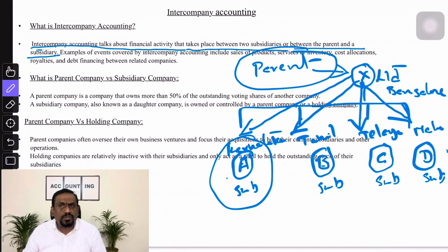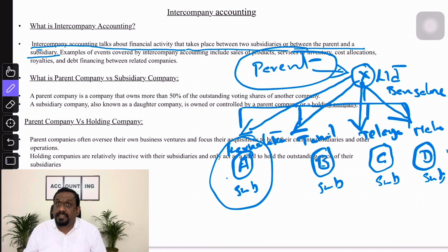X can sell goods to A, X can sell goods to B, X can sell goods to C, X can sell goods to D. Not only goods, X can sell services also to these companies. X can transfer assets. There can be royalty transactions between these companies.